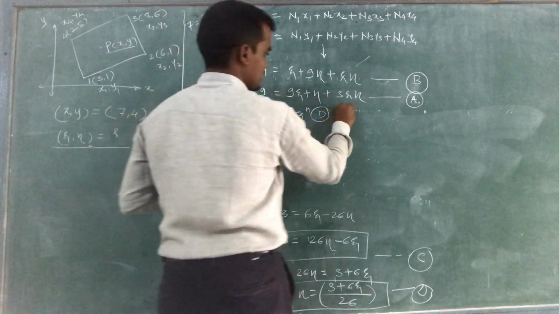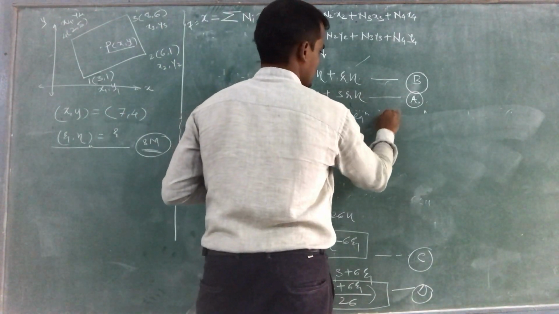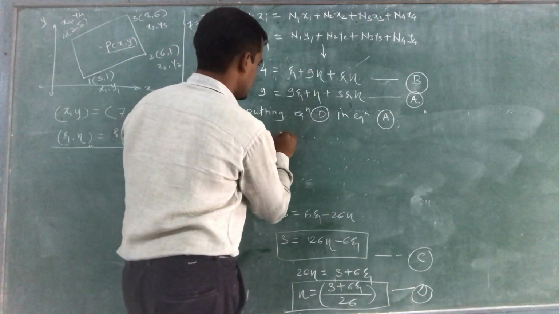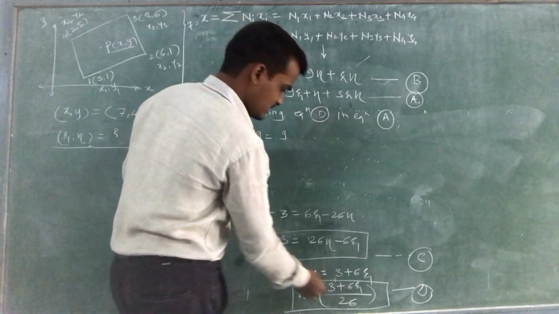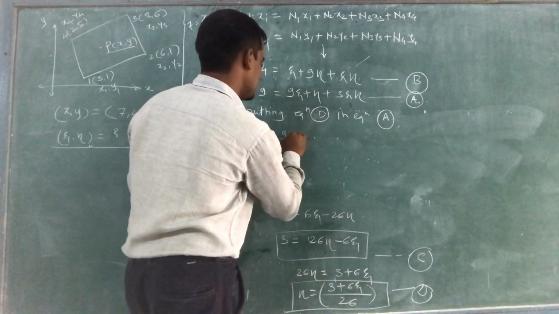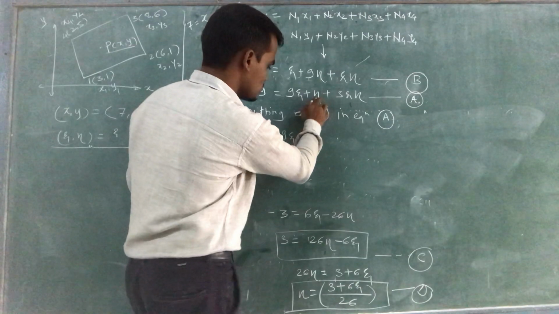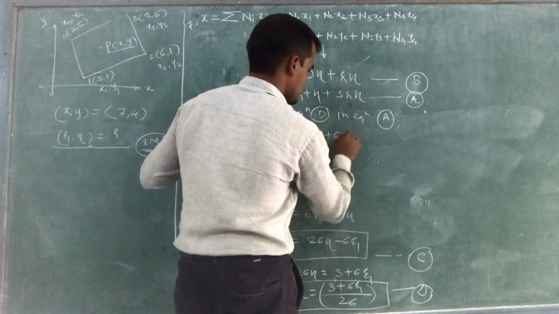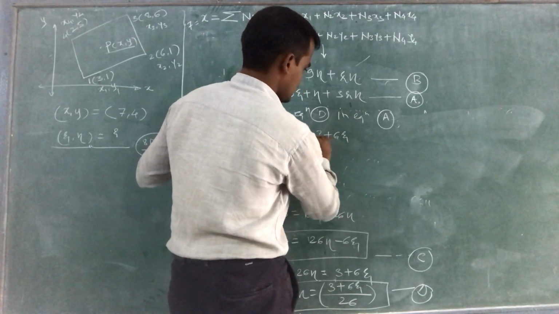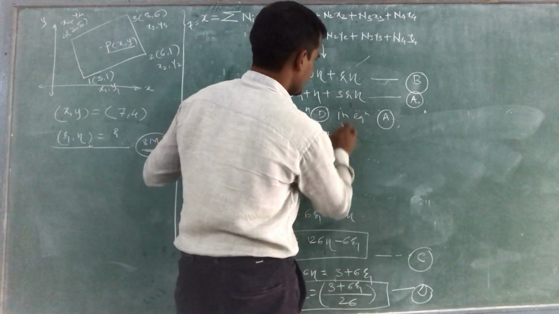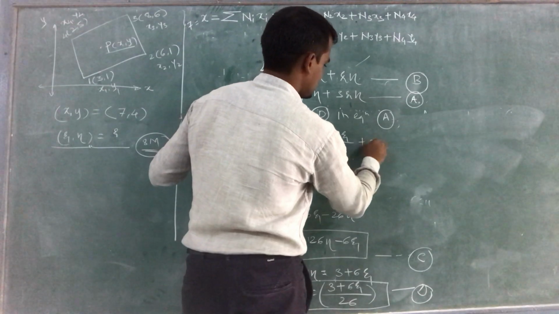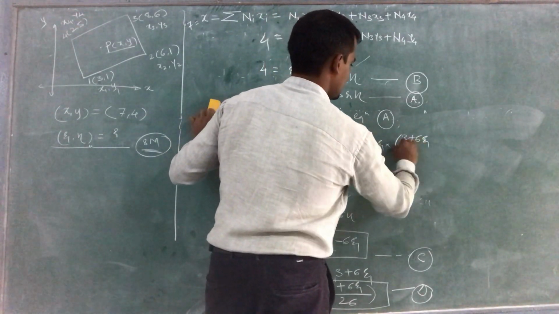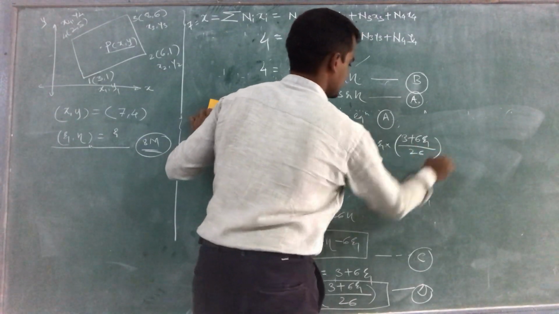By putting equation D into equation A, we will get 9 is equal to 9 in terms of zeta. We need to write 9 zeta plus eta, and in terms of eta we write 3 plus 6 zeta divided by 26, plus 3 times zeta into eta, which is 3 plus 6 zeta divided by 26.